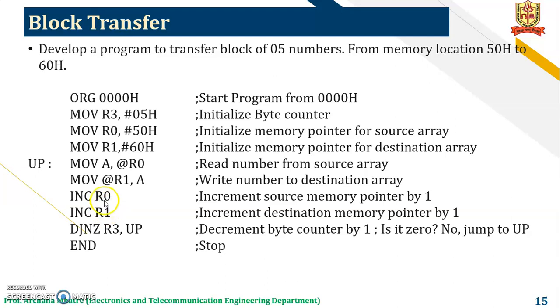Then increment both the source and destination memory pointers, and decrement the counter. If the counter is not 0, repeat the same procedure. When the counter is 0, all 5 numbers are transferred from 50H to 60H, and then the program ends.